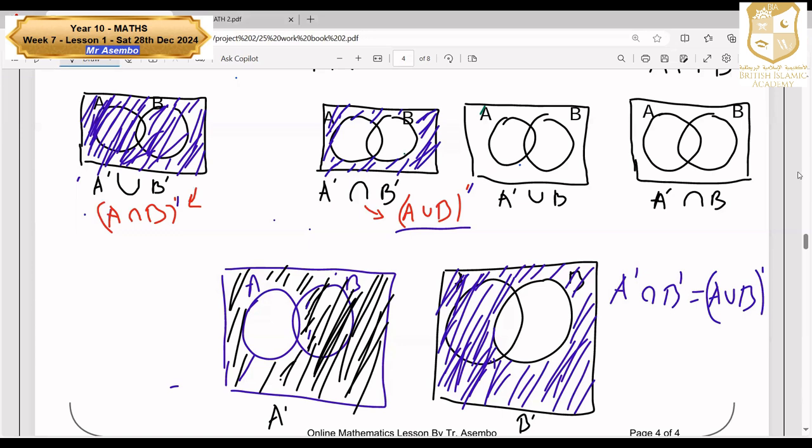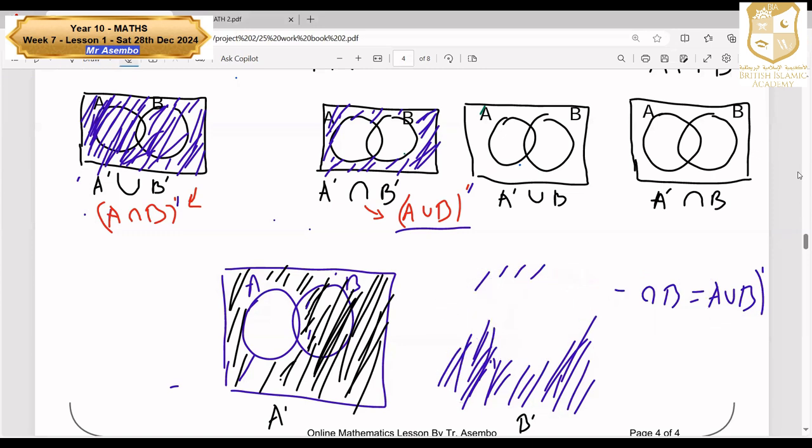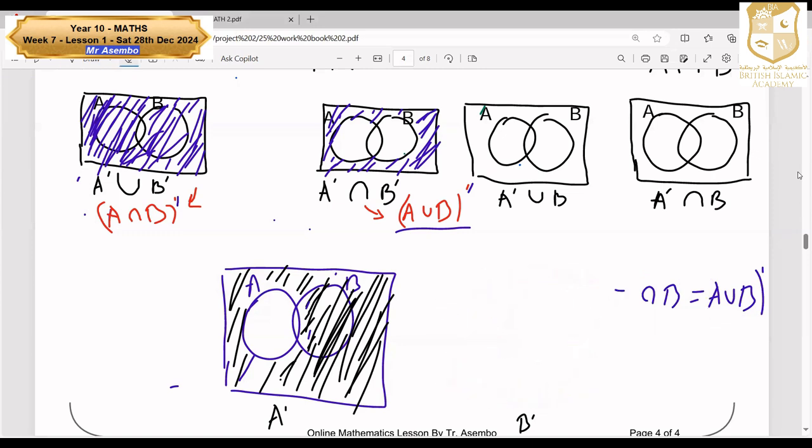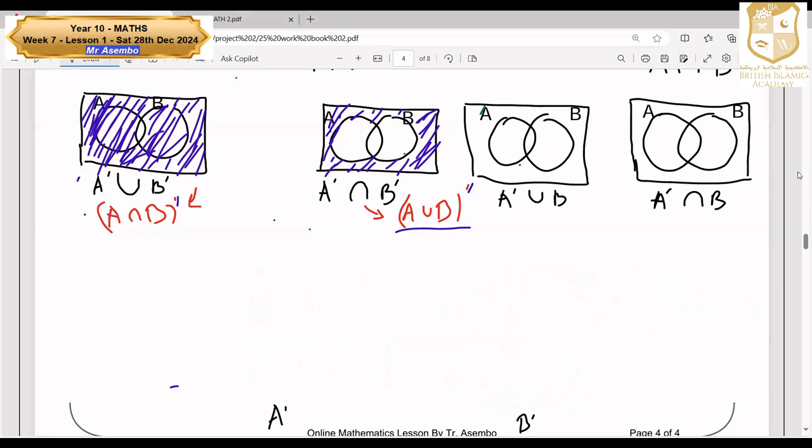Let me clear this one here. Let's look at the last part on a two-set problem. This one says we take A complement intersection B. Remember I said, when you are looking at intersection, you have to be more keen.